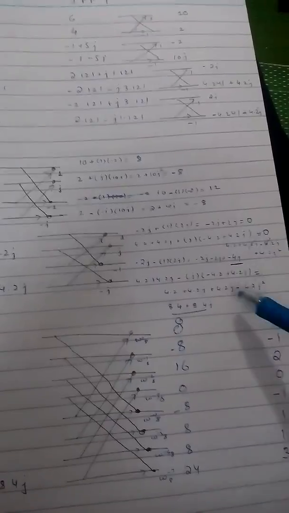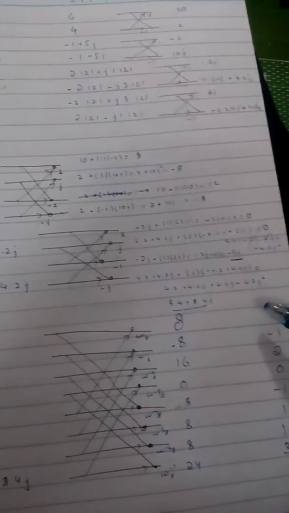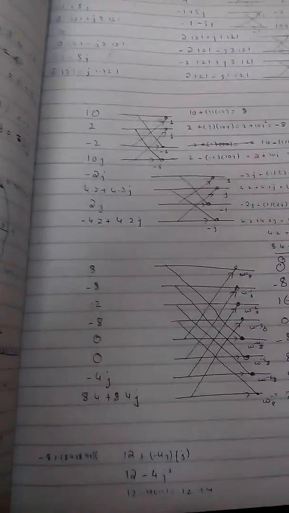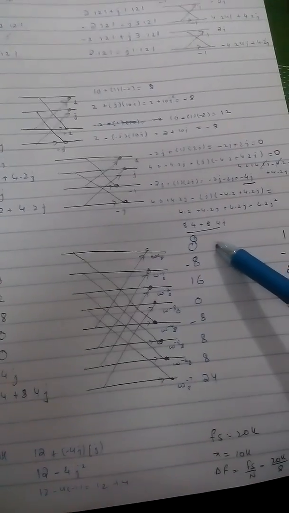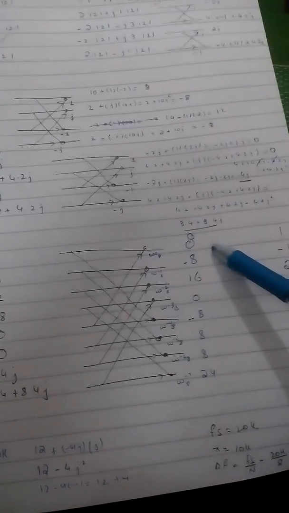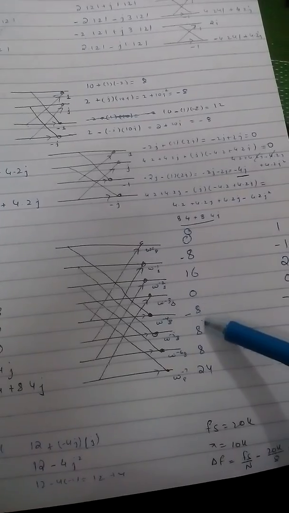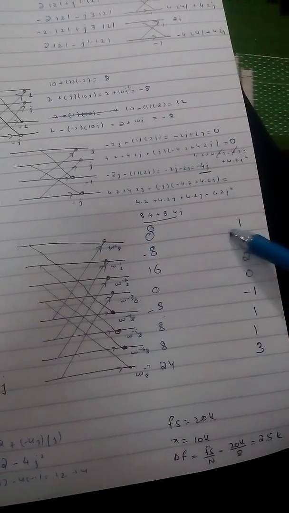And then we put the following 4-point DFTs into 2-point DFTs, and then you can see that the following result is given out: 8, minus 8, 12, minus 8, 0, 0, minus 4j. And then this gives us the final answers, that is the previous question's input: 8, minus 8, 16, 0, minus 8, 8 and 4.